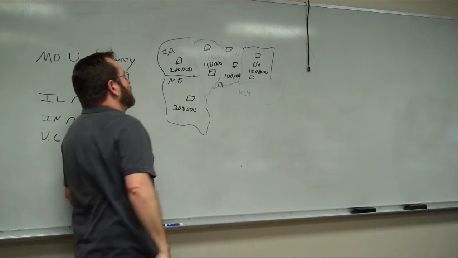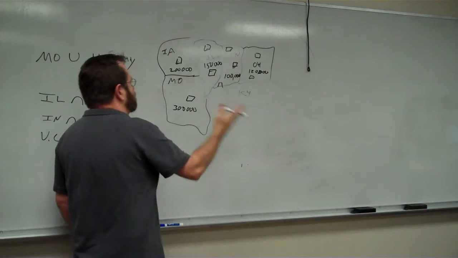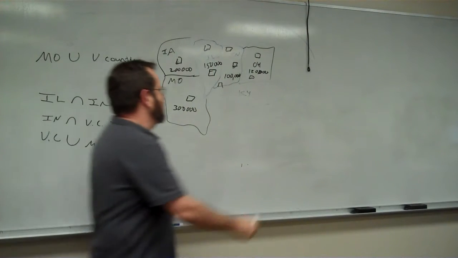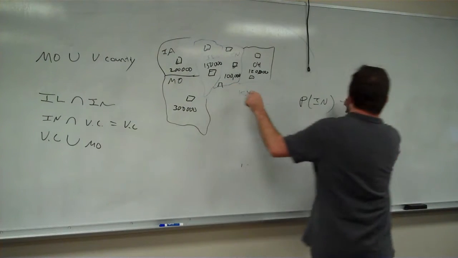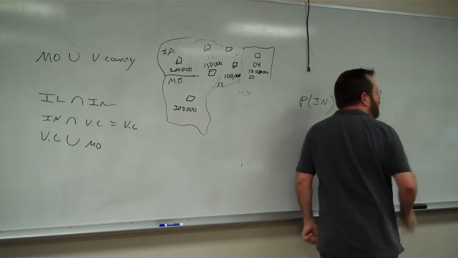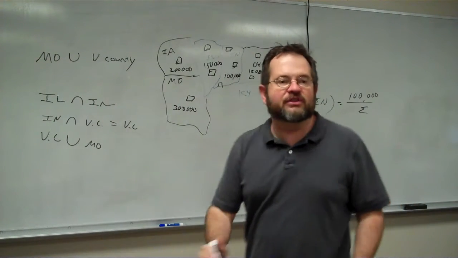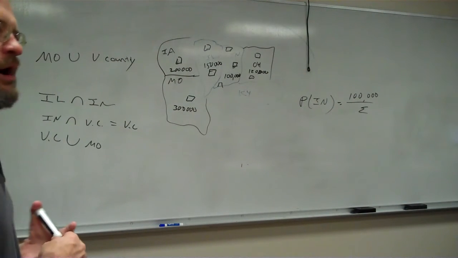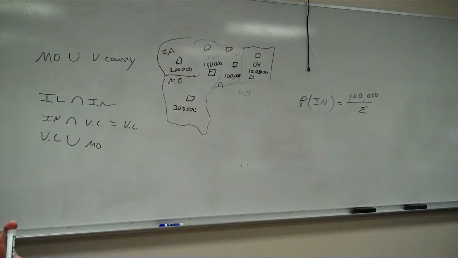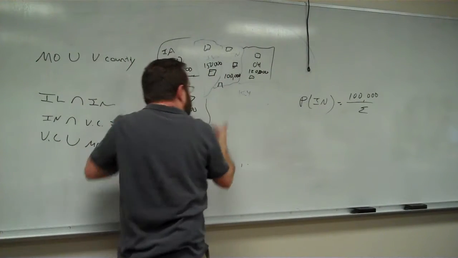If you knew that the meteor struck in one of these states, what's the probability it struck in Indiana? It's the area of Indiana, which is a way of saying its cardinality, divided by the sum of all the areas in that region: Missouri plus Illinois plus Iowa plus Indiana plus Ohio. Because you would know this area divided by the whole area.